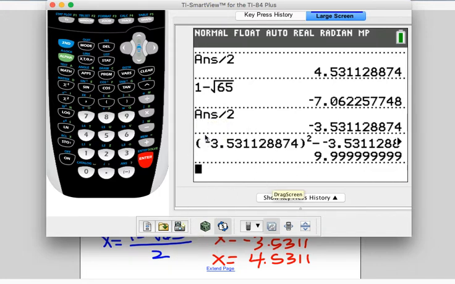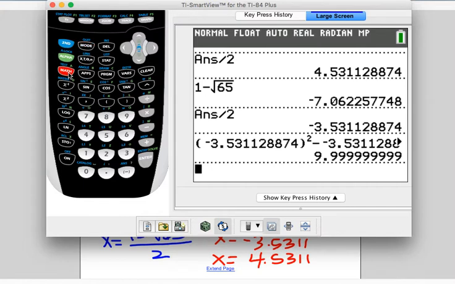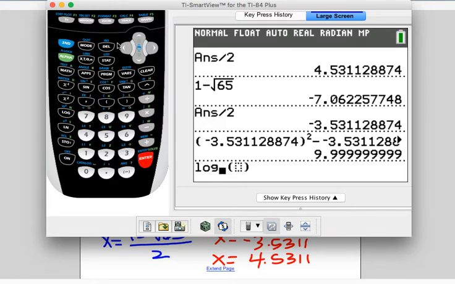If you wanted to check your answer, you could also do log base 2 of it, see if it equals 3. So you could go ahead and do that and see if it works out. Log base 2 of our answer from up here.